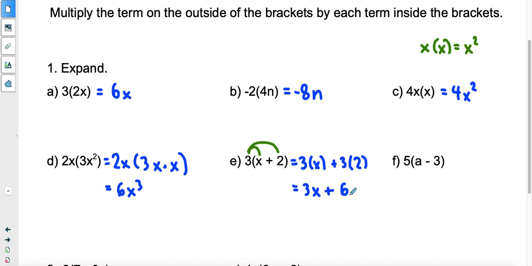Okay, next example here. 5 times a minus 3. For this one, we're just using the same idea that we did here. Again, the distributive property tells us we want to multiply the term on the outside of the brackets by each term inside of the brackets. So here I'm going to take the 5 and multiply that by a.